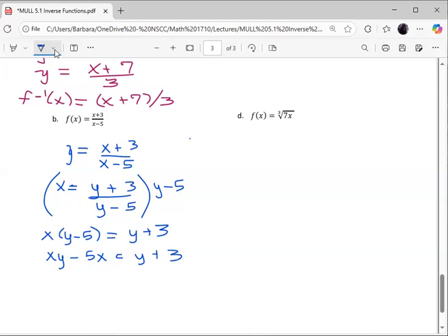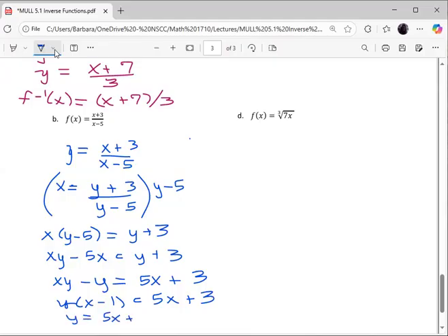I need to group all the y's to one side. So I'm going to subtract y and add 5x to both sides. Distribute the y, we have y times x minus 1 equals 5x plus 3, and y is 5x plus 3 all over x minus 1.